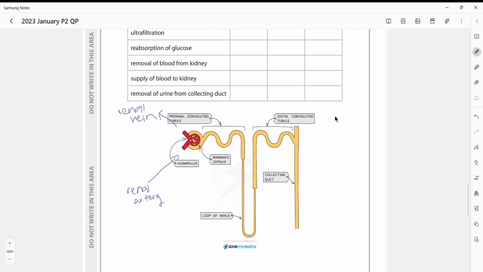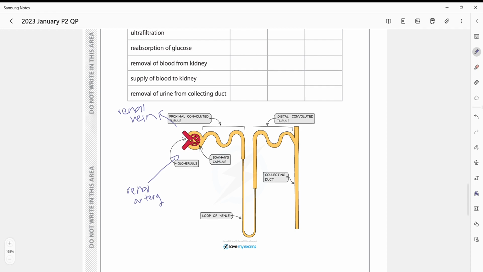Okay, and then here the glomerulus is just a lot of capillaries, and what happens in the glomerulus is that fluid gets pushed out, so substances get pushed out. So anything that's small enough, things like water, salts, urea, glucose, amino acids, they would all pass through the glomerulus and into the Bowman's capsule.